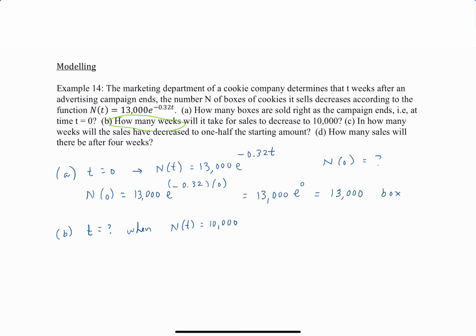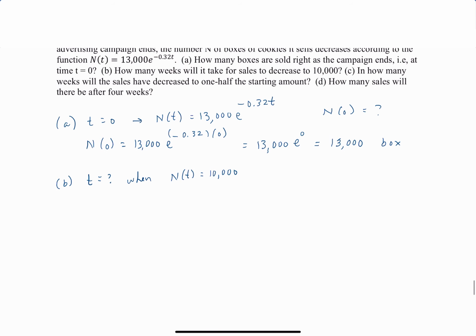So it's really important when you do these modeling problems to be aware of what is being given and what is being asked. So if I put in 10,000 as the answer for N(t), and yet we also know that N(t) is computed by 13,000e^(−0.32t), and we're looking for t, this gives us an equation to solve for t.